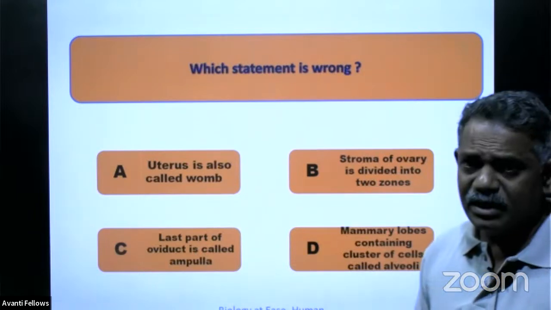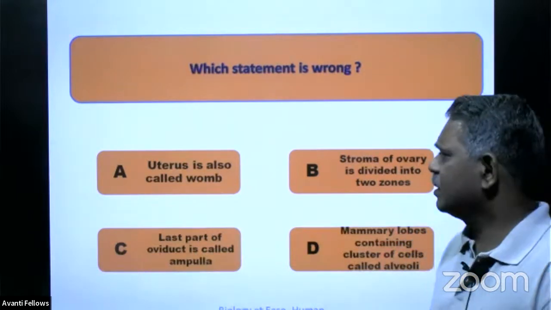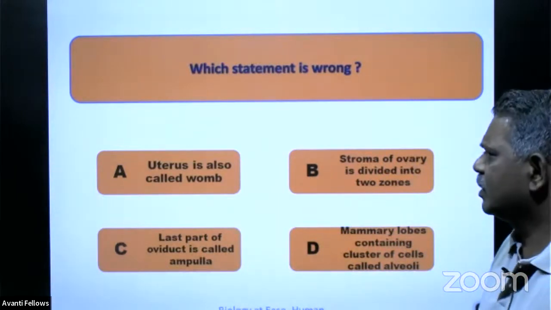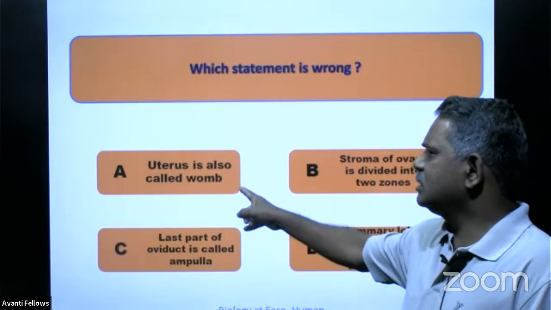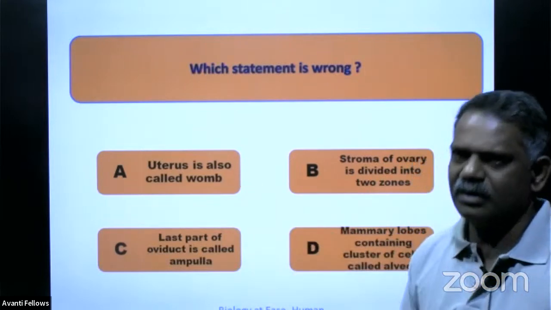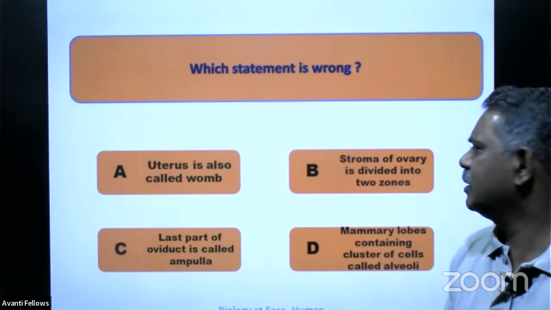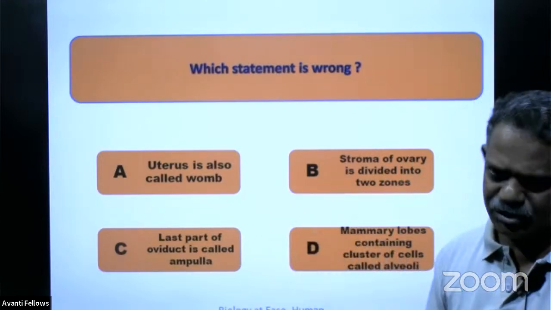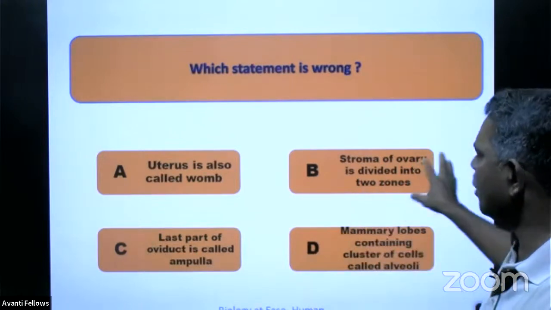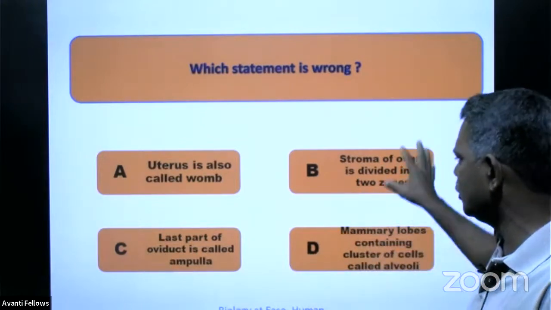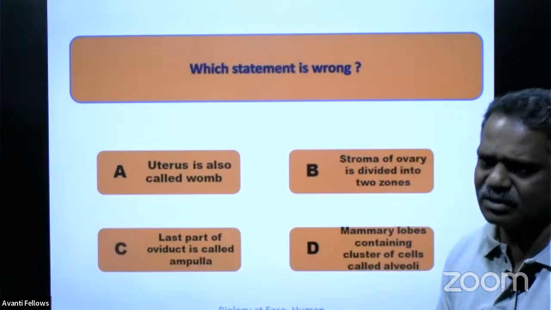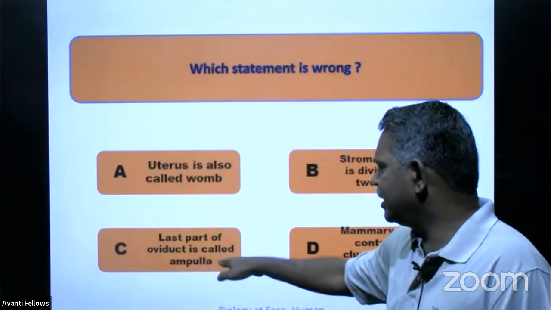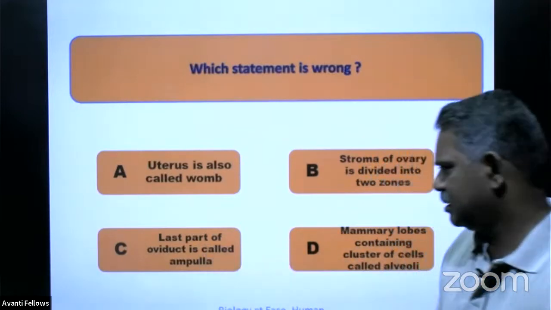Which statement is wrong, not correct? Uterus is also called womb. Option A, stroma of ovary is divided into 2 zones. Option C, the last part of the oviduct is called ampulla.